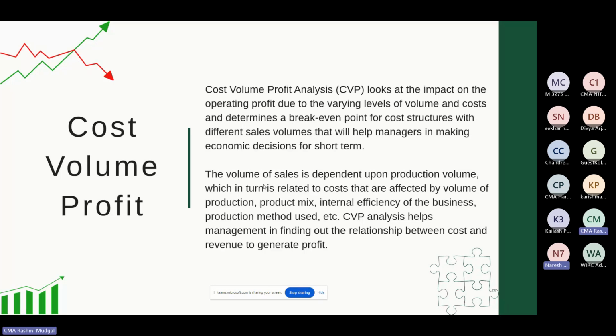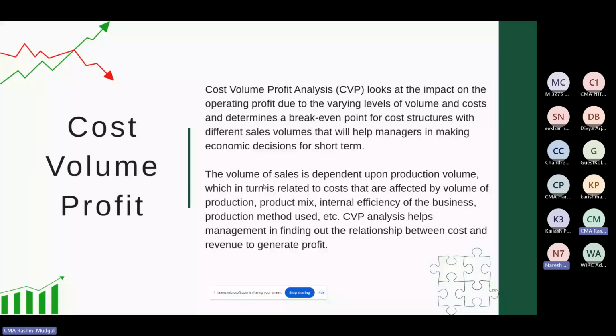What exactly is cost volume profit? Basically, firstly I need to think about what is my cost, what is my volume, what is my profit. Volume is the output. So CVP analysis helps management find out the relationship between cost and revenue to generate profit. So I can see what is my revenue, what is my sales, what is my cost, what is my profit.